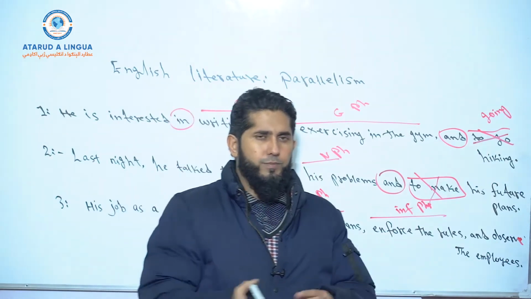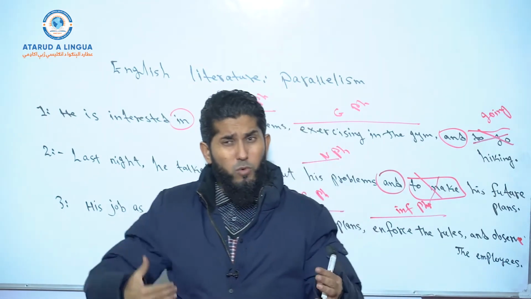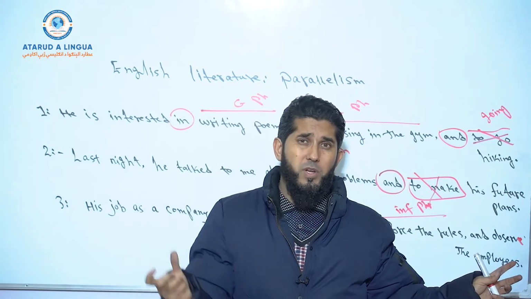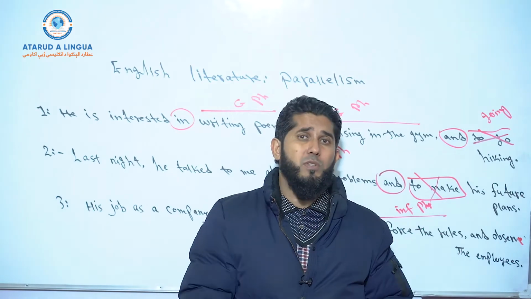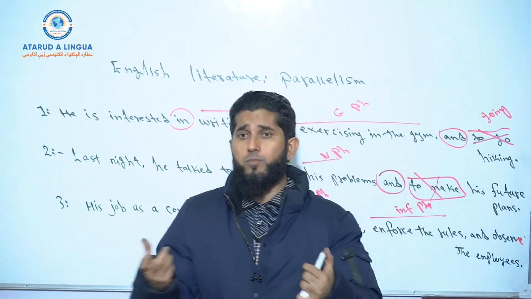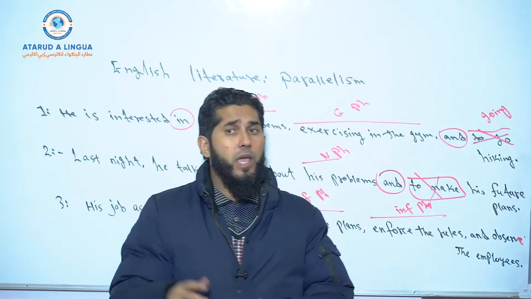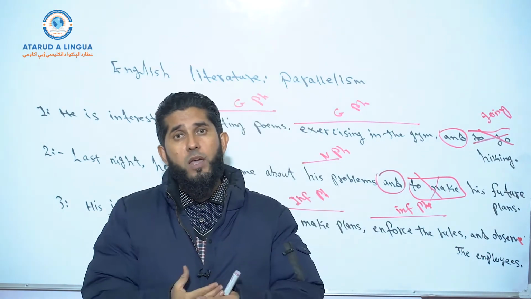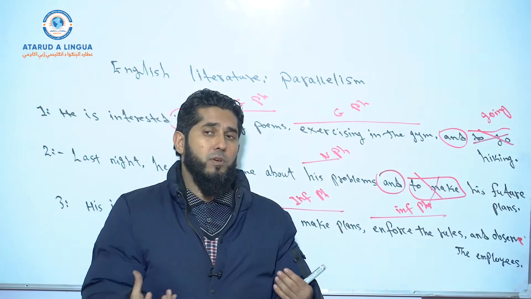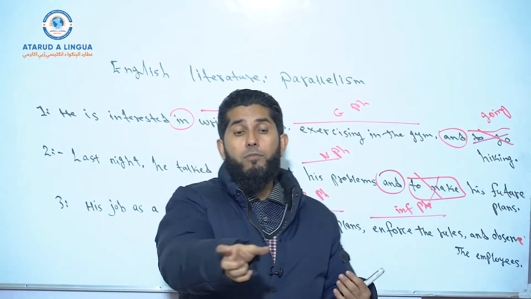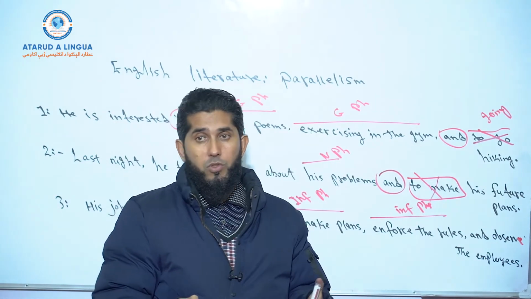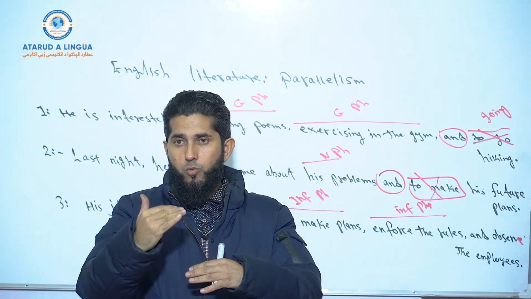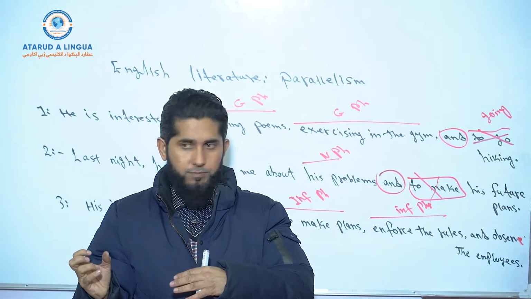So look, if we bring more and more examples, the video will become too long. I think this much is enough for advanced students because advanced students can understand the point quickly, right? So now just think about these rules and follow them while writing something academic. But you have exercises in your book, more than 20 sentences with incorrect parallelism.